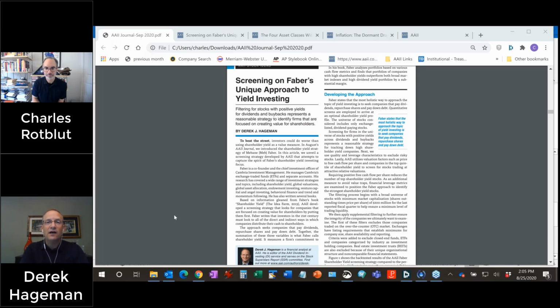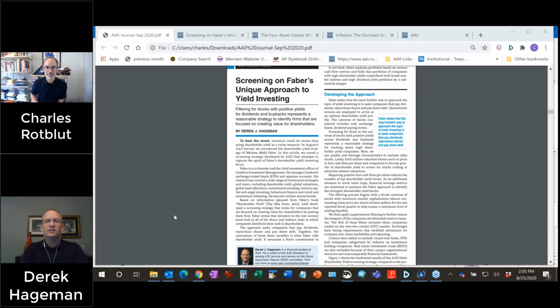Next, we looked at a few quality and leverage characteristics to try to exclude any risky stocks. And lastly, we used a valuation factor. We looked at the price to free cash flow per share metric, and also at companies in the top quintile of shareholder yield to screen for stocks trading at attractive relative valuations.